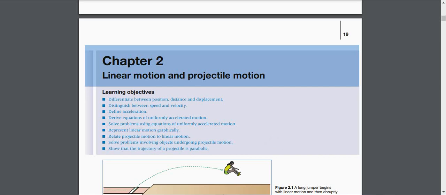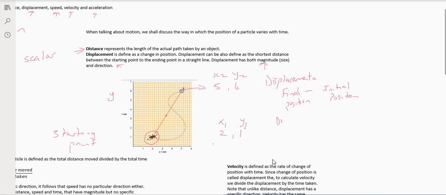Is going to be 5 minus... let's just rewrite this a little bit, seeing that we lost connection just now.